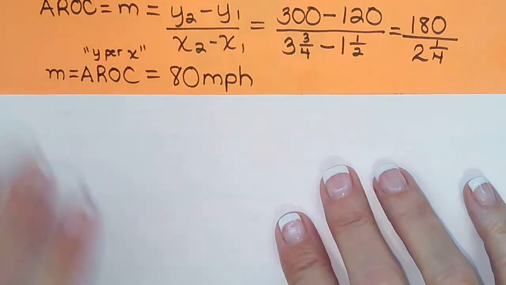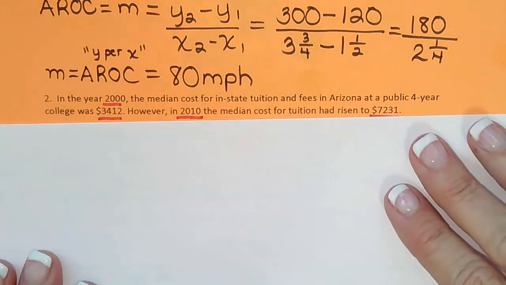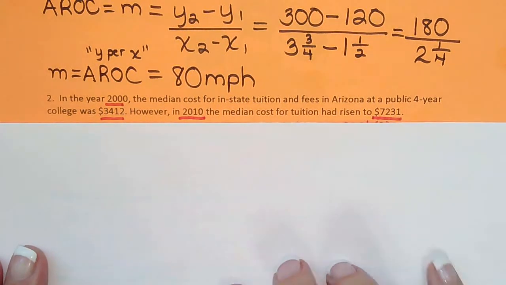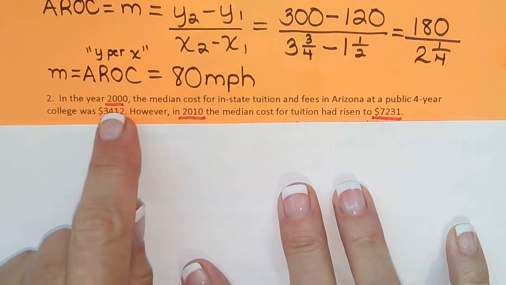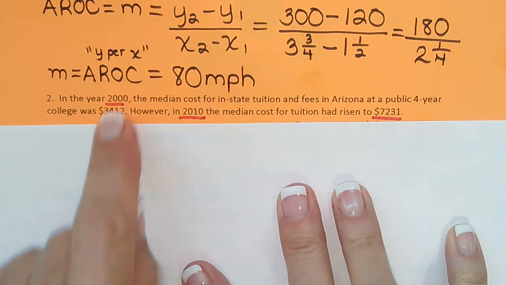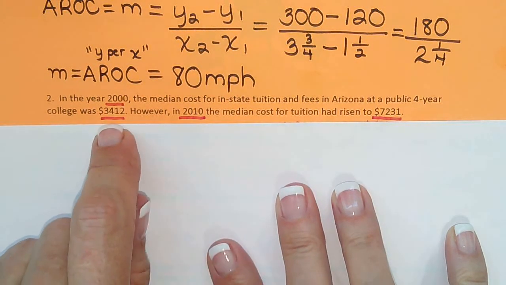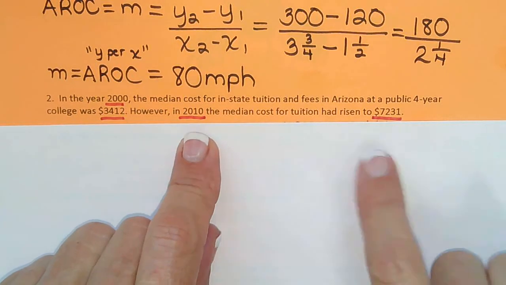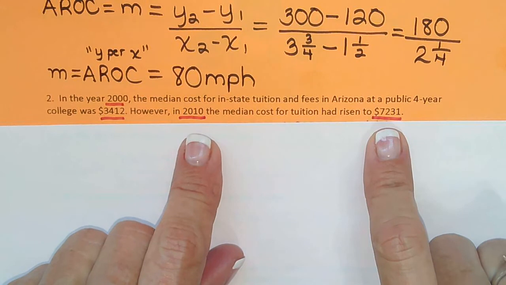Okay, so next we have tuition at Arizona State Universities. So in the year 2000, tuition was $3,412. In 2010, tuition was $72.31.